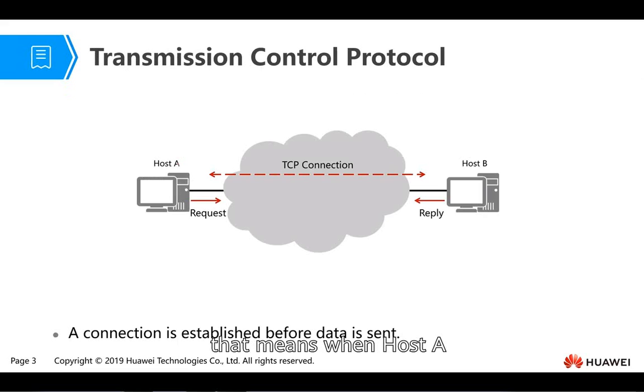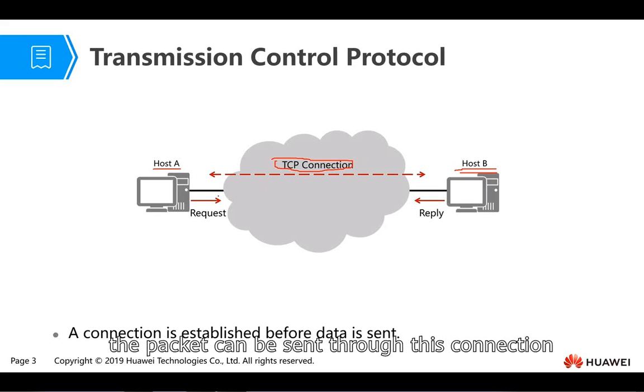That means when host A wants to send data to host B, it first needs to establish a TCP connection. After the TCP connection is established, then packets can be sent through this connection.